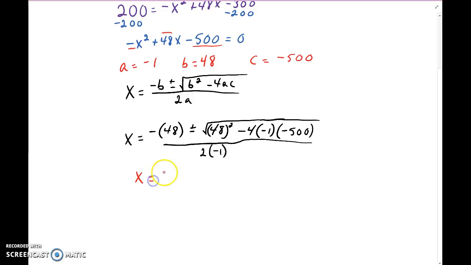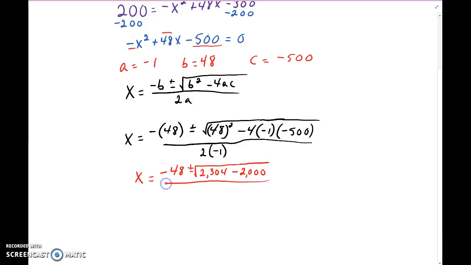All right, so now we just go ahead and simplify. So we get X is equal to negative 48 plus or minus the square root of 48 squared is 2,304. And then negative 4 times negative 1 is positive 4. And then positive 4 times negative 500 will give me negative 2,000.